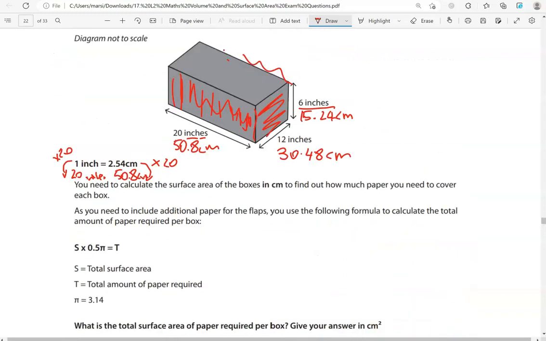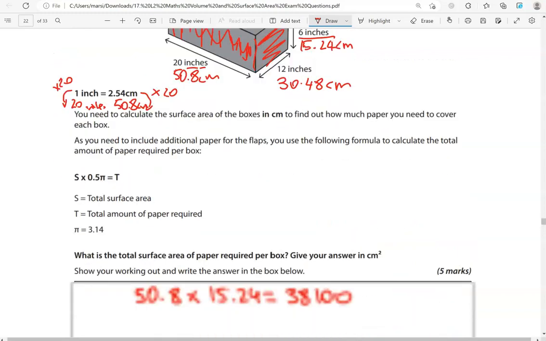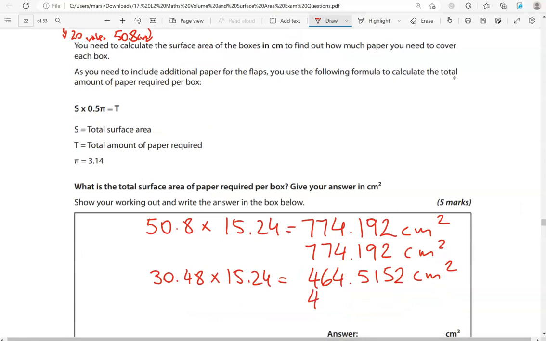And of course, this face here on the back is identical. We'll add another 464.5152.